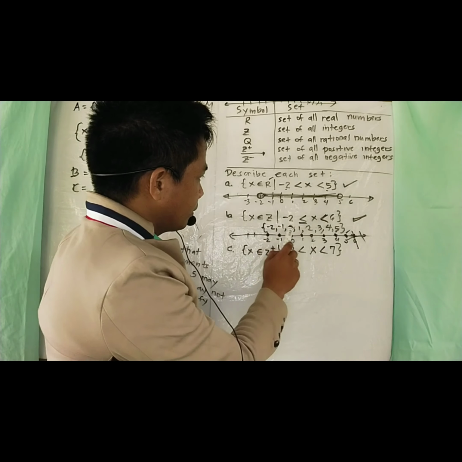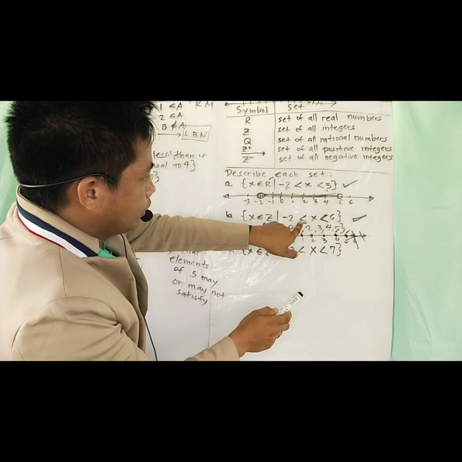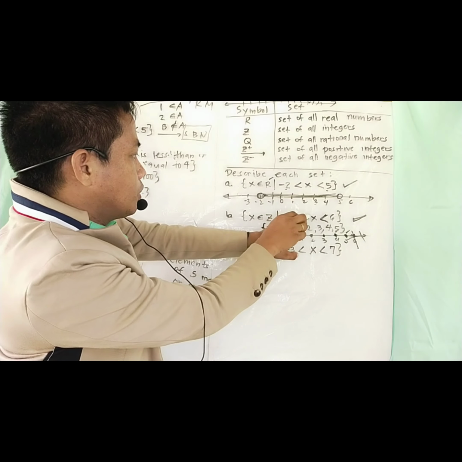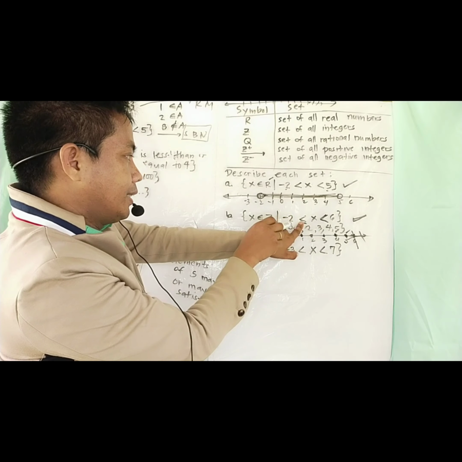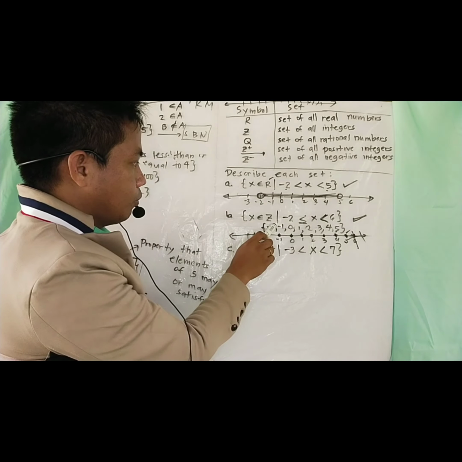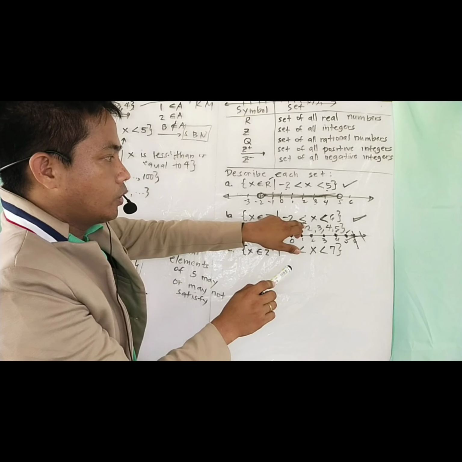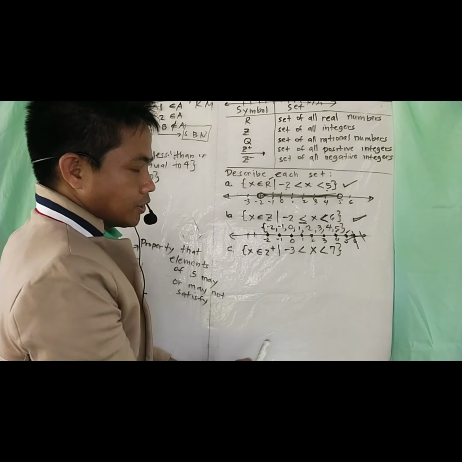So these are now the members of the set. For example, if there is no equal sign, therefore it must be more than negative 2. Negative 2 is no longer included, if in case there is no equal sign here, equal or more than x.